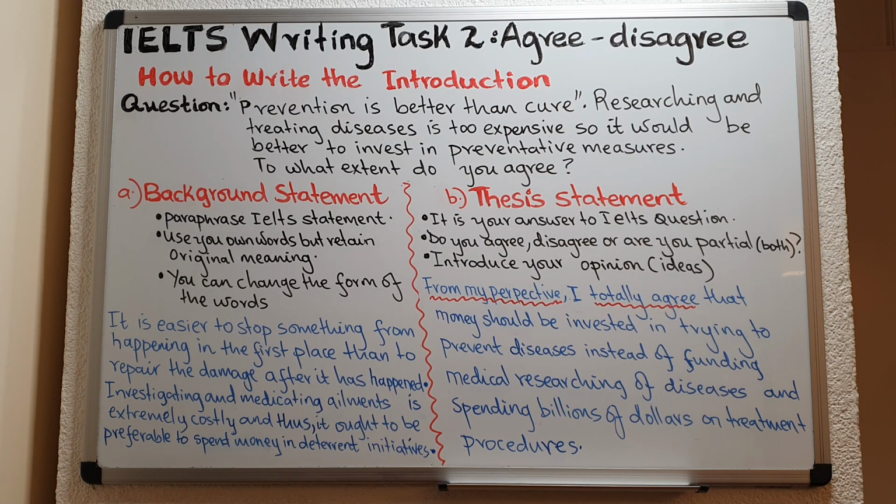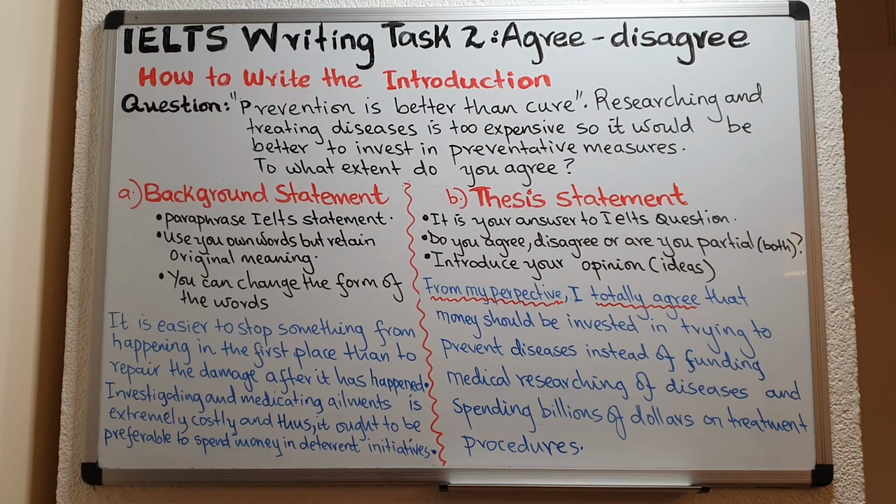How do you write the background statement? Now, here are some tips on how to write the background statement. Tip number one, paraphrase the IELTS statement. What does paraphrase mean? Paraphrase means you write the statement in your own words.